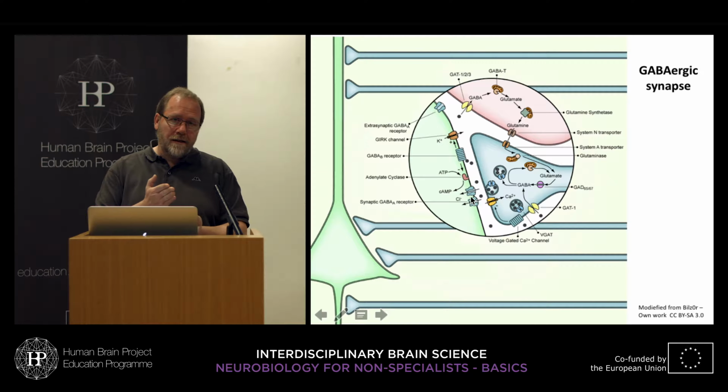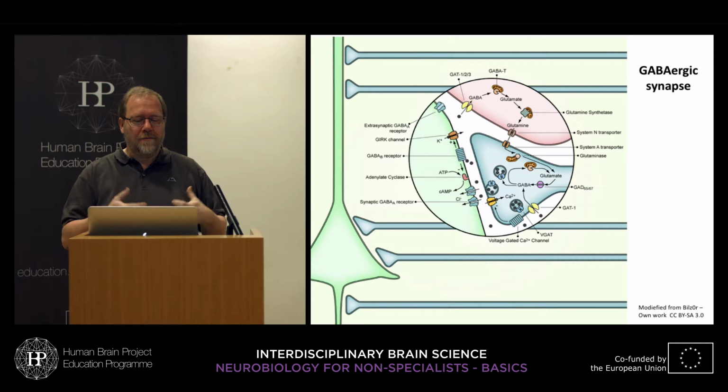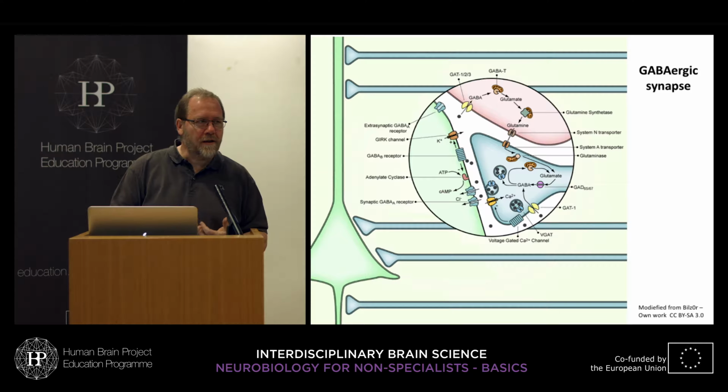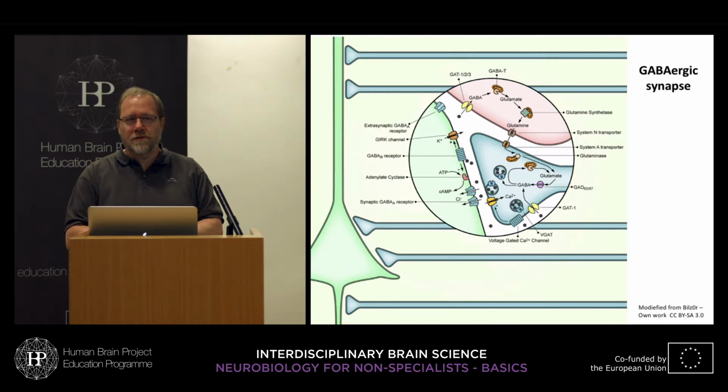And as we said, such information needs to be very precise. So if I want to have a signal which lasts just a few milliseconds, then I have to clean up. So I have to remove this neurotransmitter from the synaptic cleft, otherwise it would permanently be attached to the receptors.